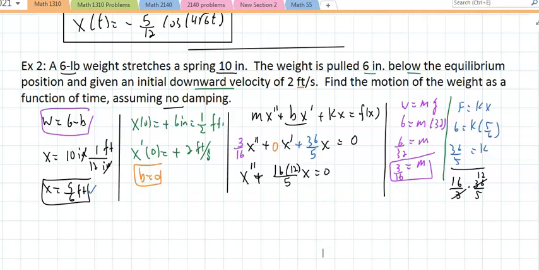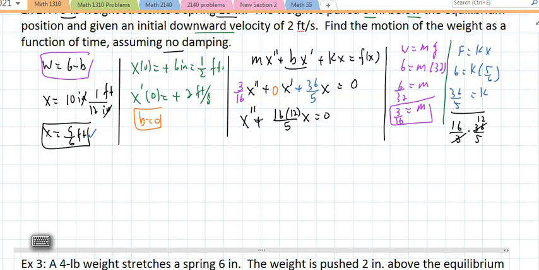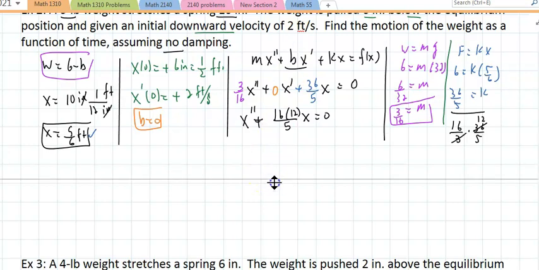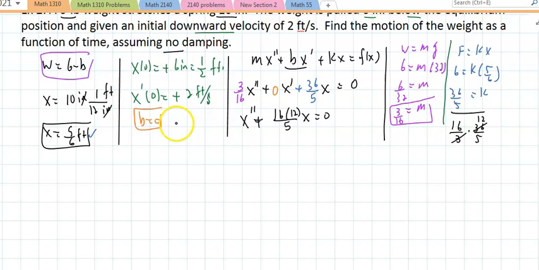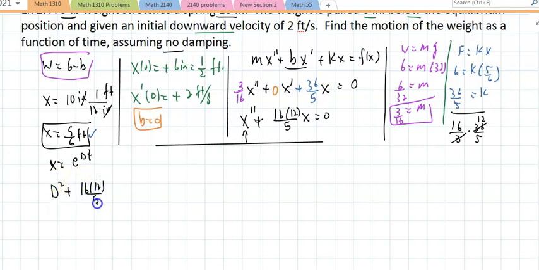Now what? Now we know the drill. We've been doing this for a while. That's all the information that we need. Let x equal e to the dt. Then we know that d squared plus 16 times 12 over 5, x equals 0.